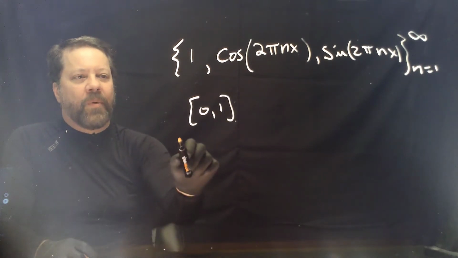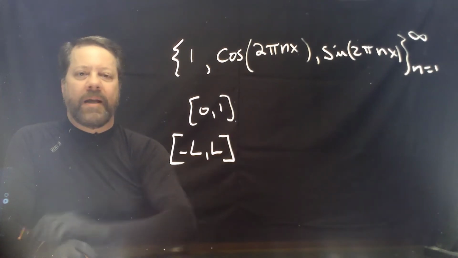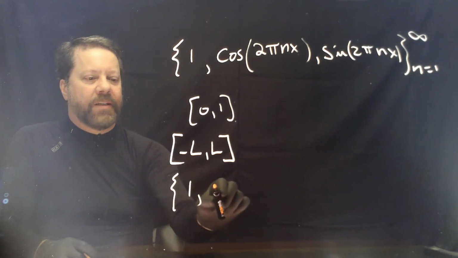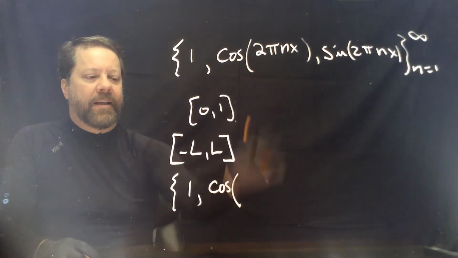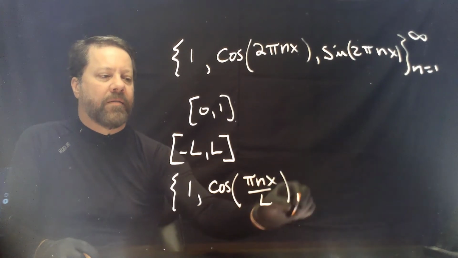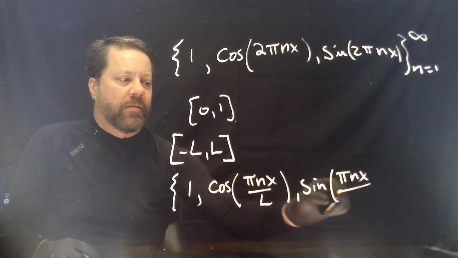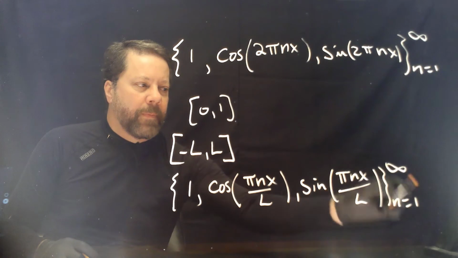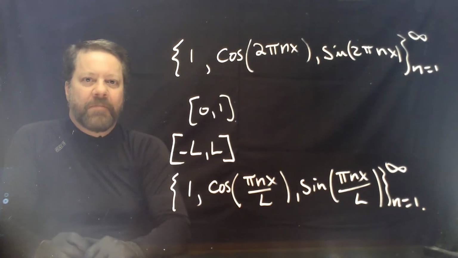Today, we want to look at the interval negative L to L, in which case we'll need to modify this a little bit. We'll divide by the interval length, yielding a slightly different potential Fourier basis.